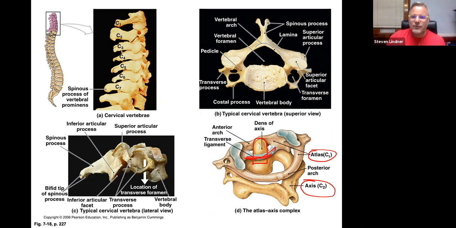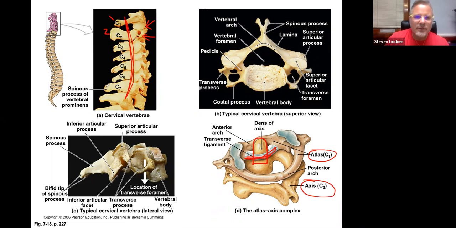What travels through there is the medulla, which is the lower end of the brainstem. If you look on the top left, there's your nice cervical curve, that lordosis. C1 is atlas, C2 is axis. Remember, there's no disc between C1 and C2. The first disc is here between C2 and C3.